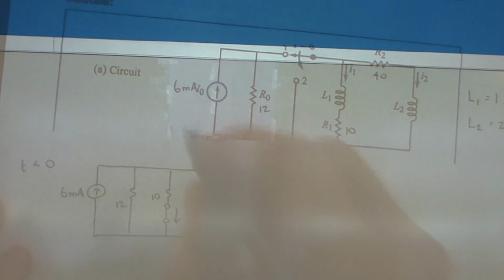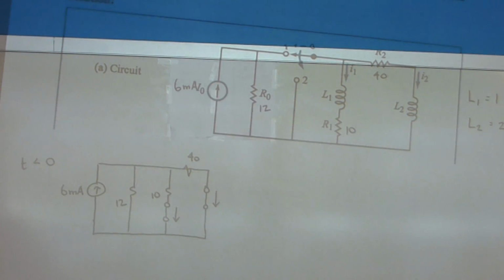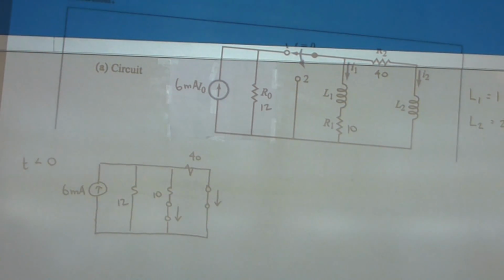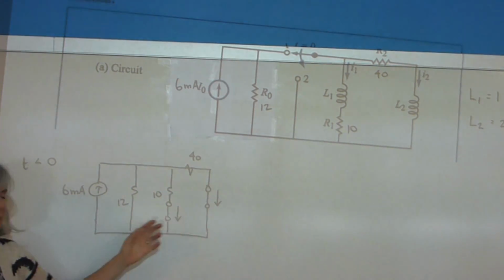Oh, and I missed one. Sorry, there's a resistor up here. Okay, so we want to know how much current is flowing at each.